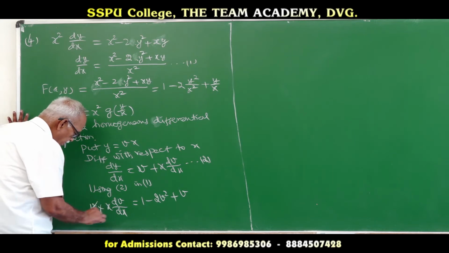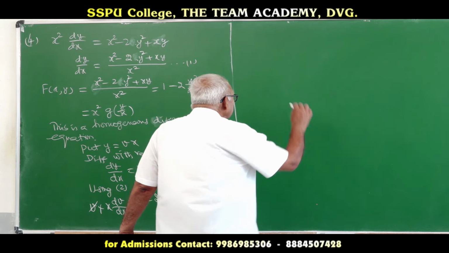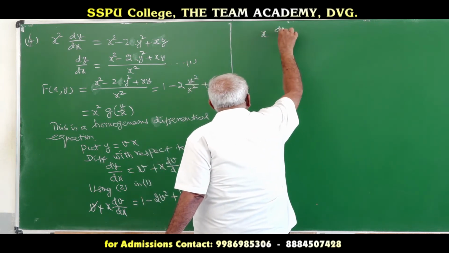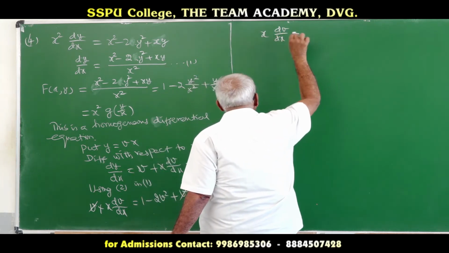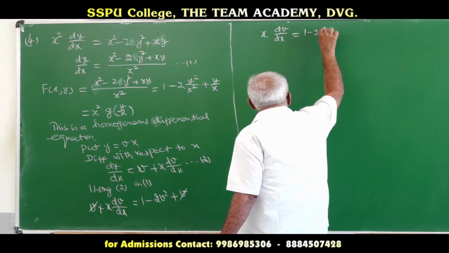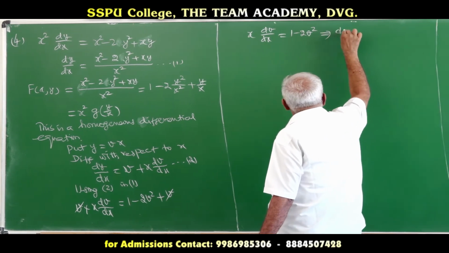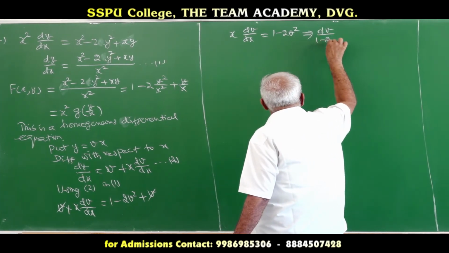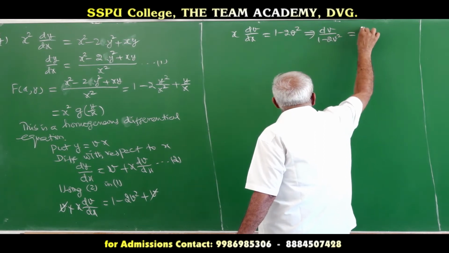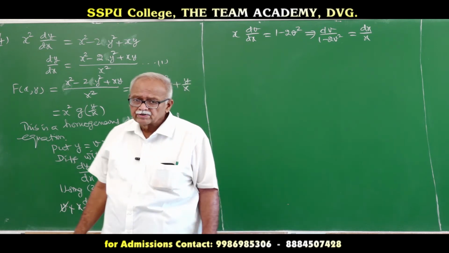So this v cancels. Now we get x dv by dx is equal to 1 minus 2v square. This implies dv by 1 minus 2v square is equal to dx by x.